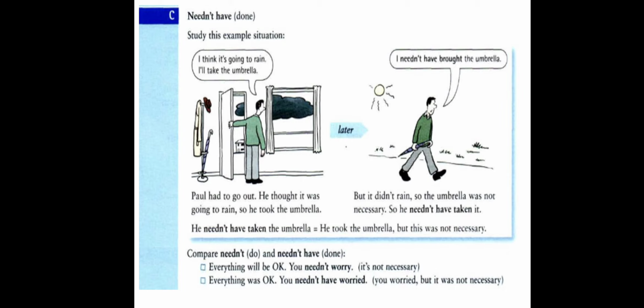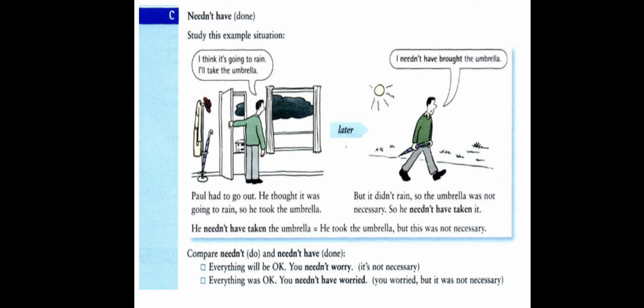The explanation is here. Paul had to go out. He thought it was going to rain, so he took the umbrella. But it did not rain. After leaving, it did not rain, so the umbrella was not necessary, so he needn't have taken it.